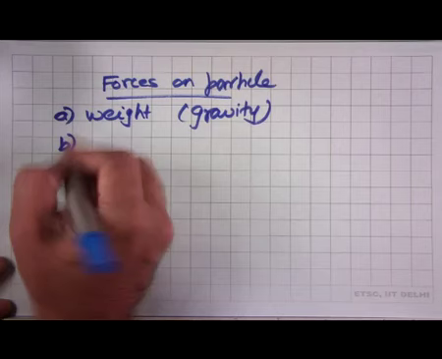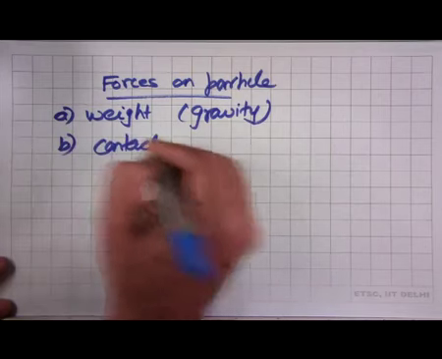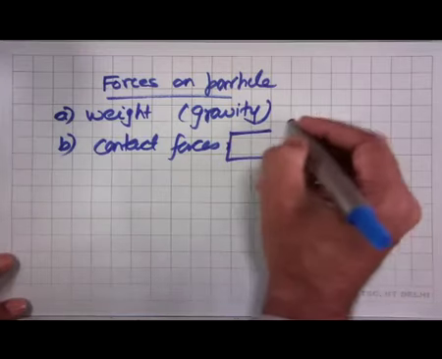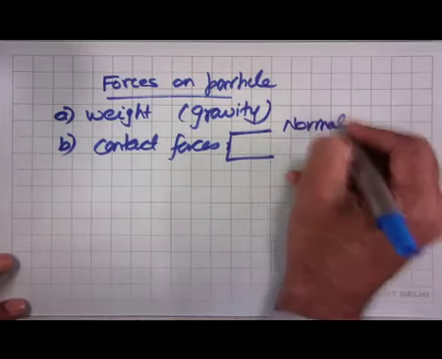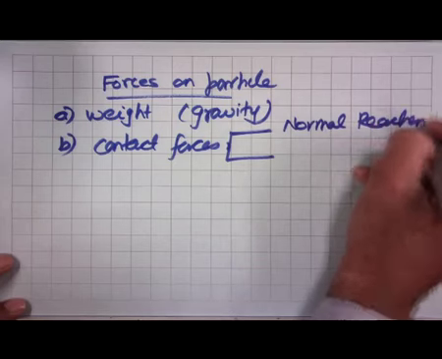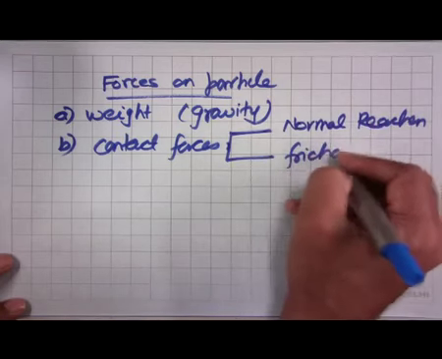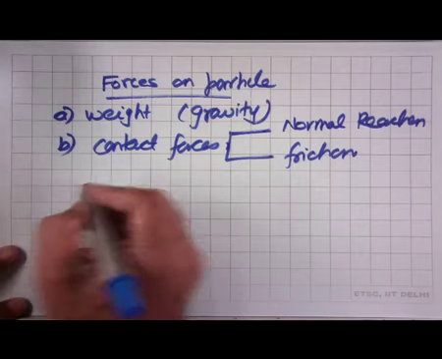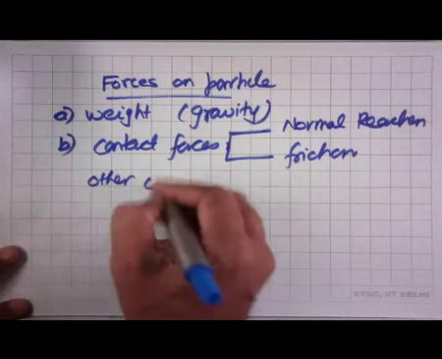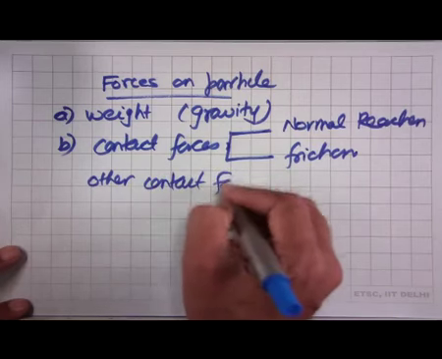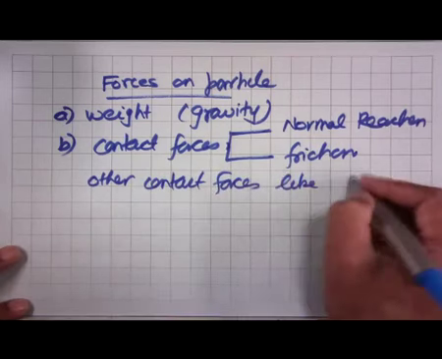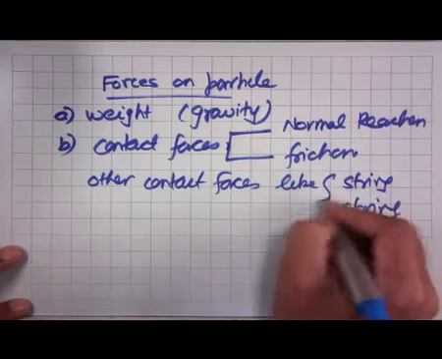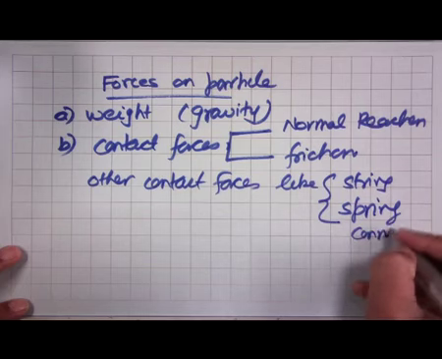Then we will have some contact forces, and these contact forces we divided in two parts, a normal reaction and friction if this is a solid in contact with another solid, and we could have other contact forces like a string or a spring which is connected to a body, connected to the particle.